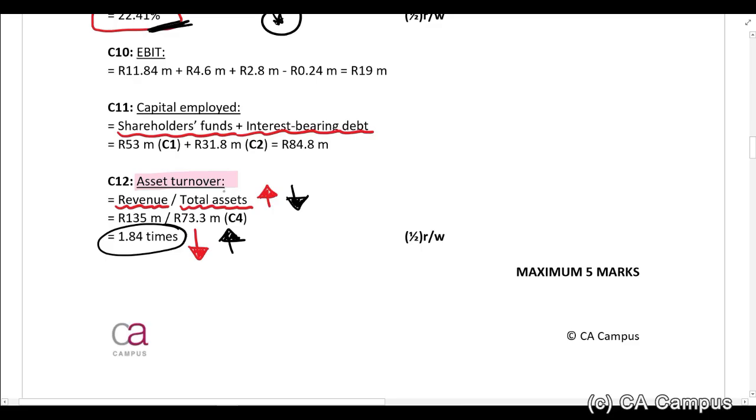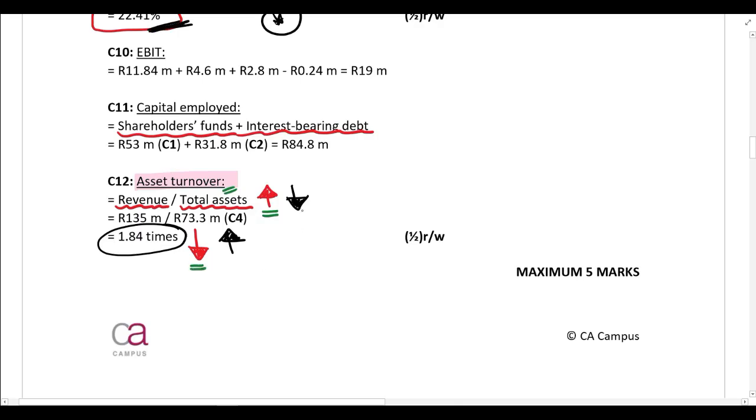Also, a limitation of this ratio is even if we are trying to compare two different companies that operate in exactly the same industry, so both of them are furniture manufacturers, for example. If the one company has newer assets, they will have a higher asset base because the assets haven't been depreciated a lot, and that will result in a lower asset turnover.